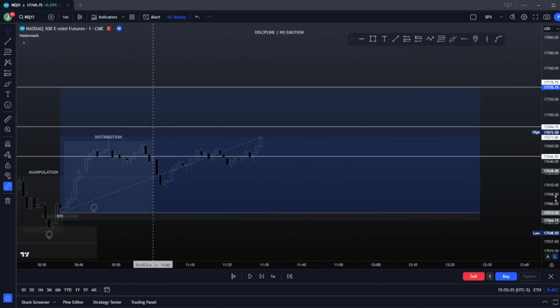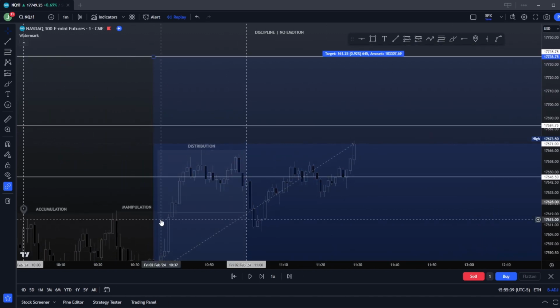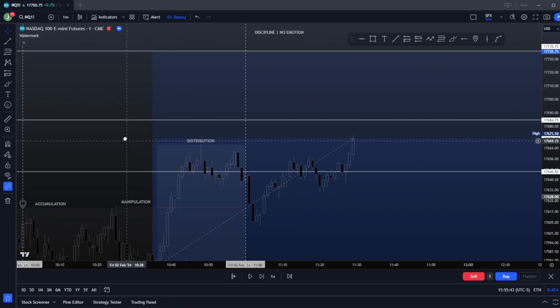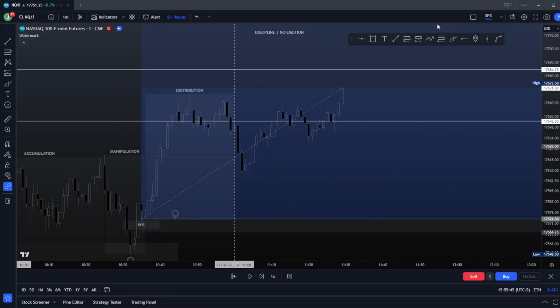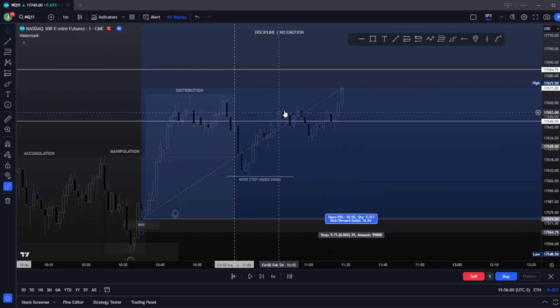So back to here, we got our 3 profit targets. We got through 1, we're risk-free. We're approaching number 2. It's safe to say we can place our stop under this low very confidently. Move stop under swing.